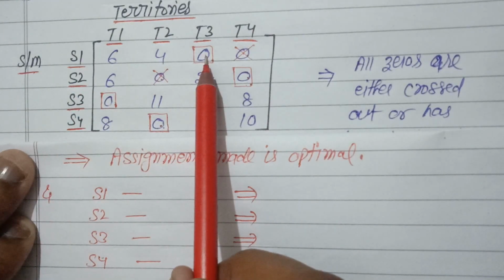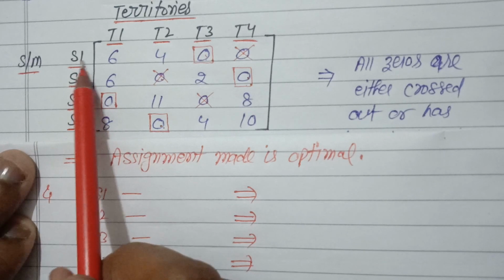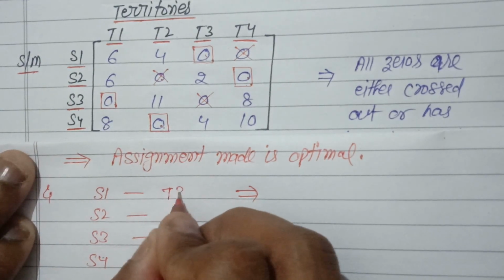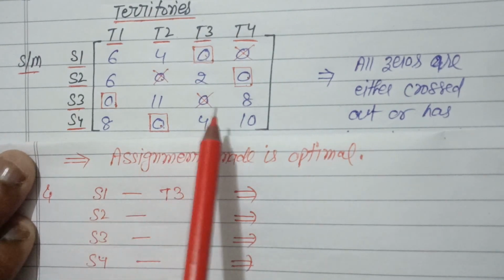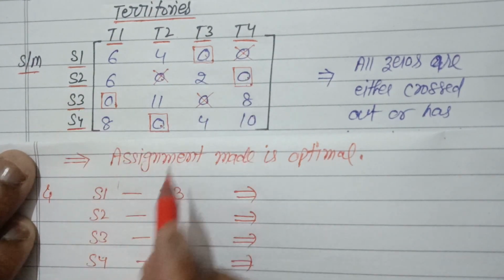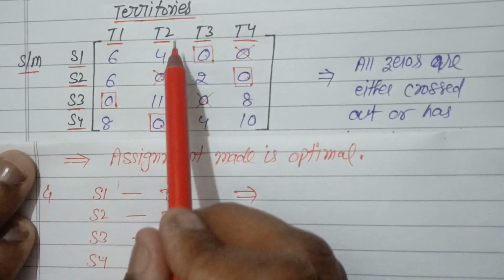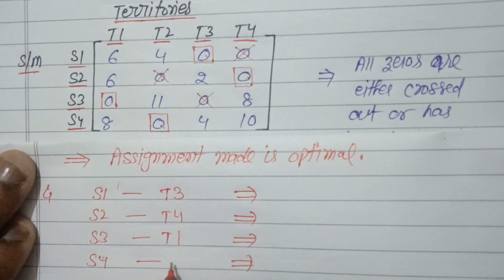The territory 3 has been awarded to salesman 1, so S1 has a combination with T3. Again T4 has been awarded to S2, T1 has been awarded to S3, and T2 has been awarded to S4.